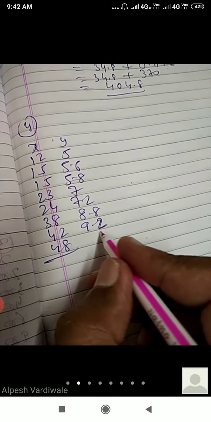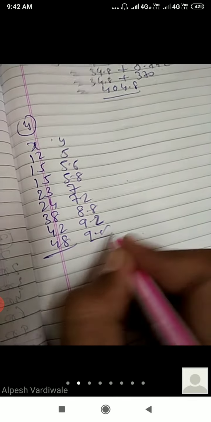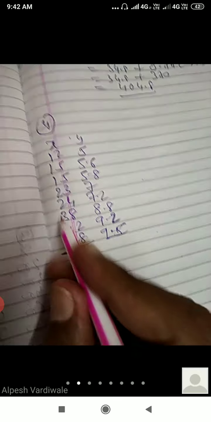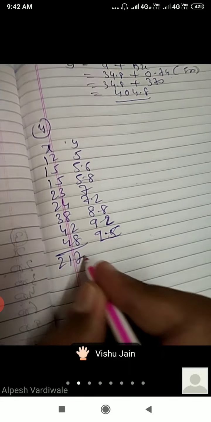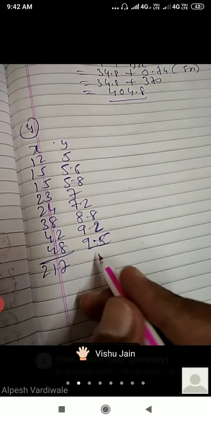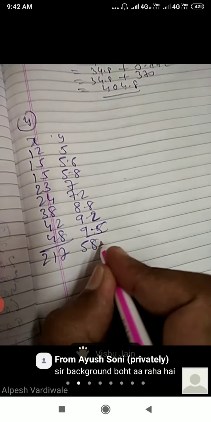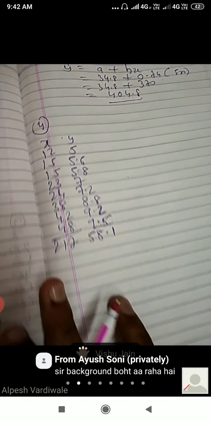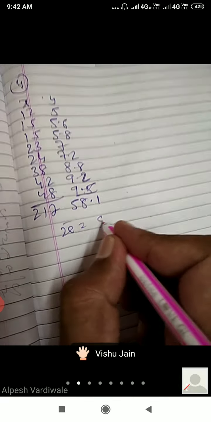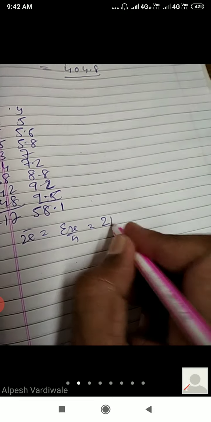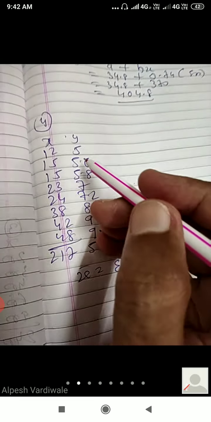What is the value here? Y bar is sigma y upon n, so 58.1 divided by 8, which is 7.26. Both x bar and y bar are in decimals.